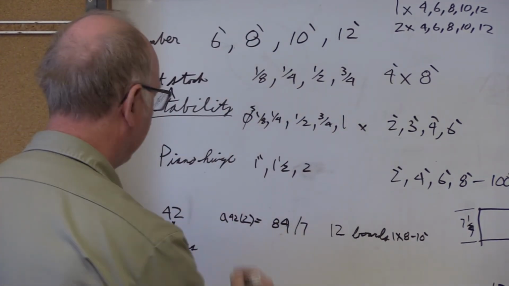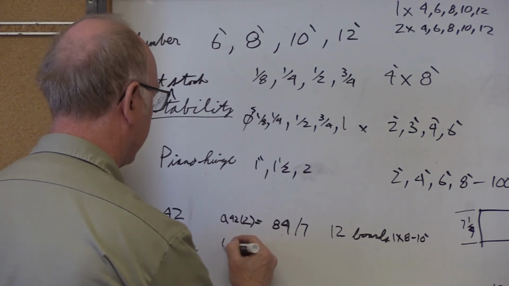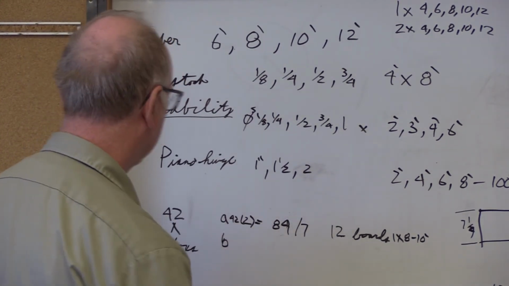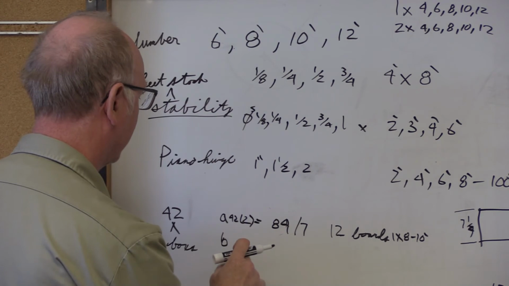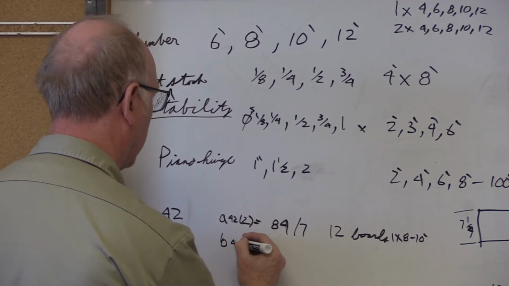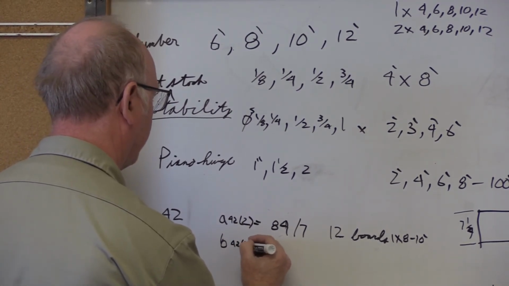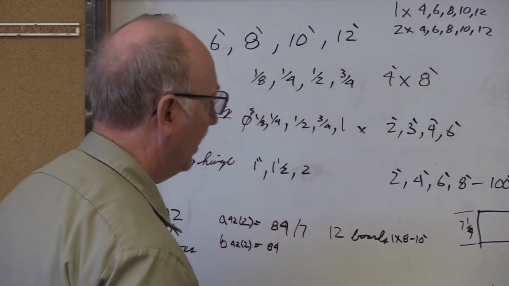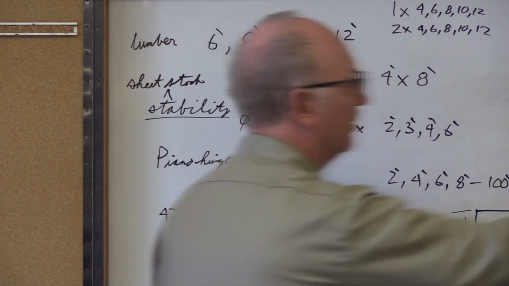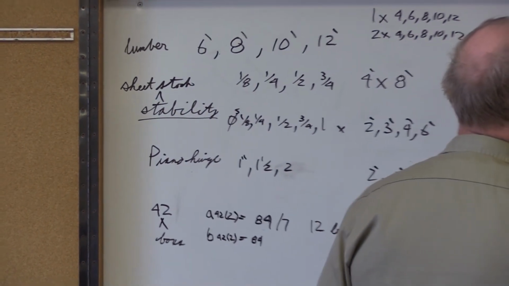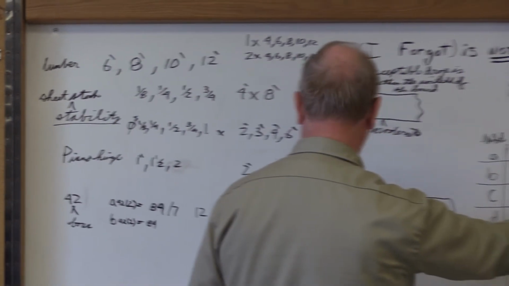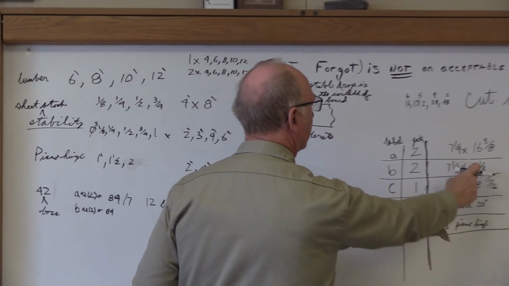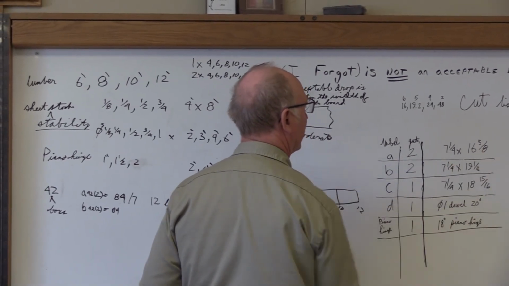Now for letter B, we've got, again, 42 boxes. So 42 times 2 equals 84. And over here, we can see that for letter B we're working on 19 1/16.